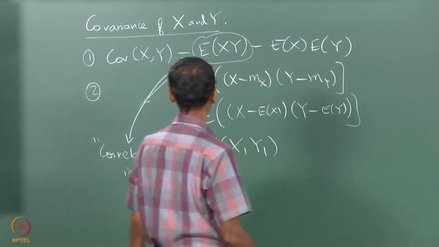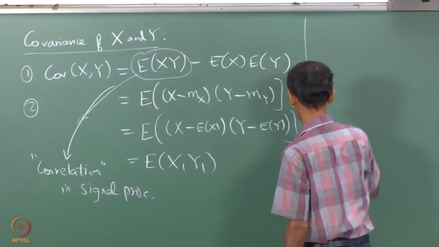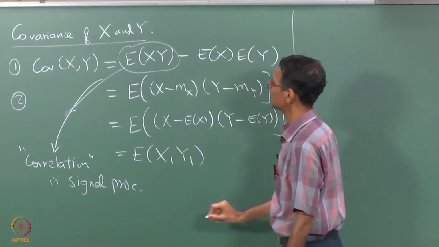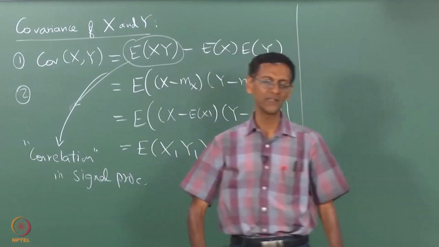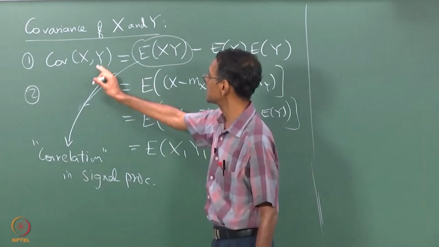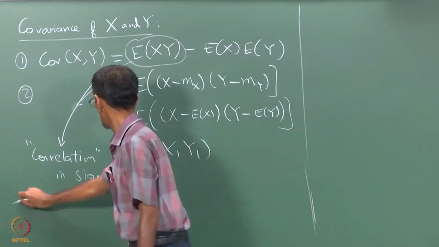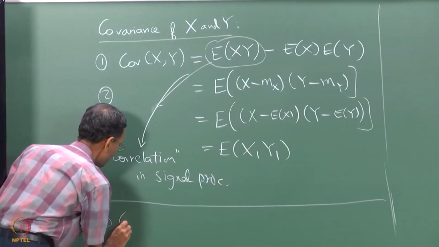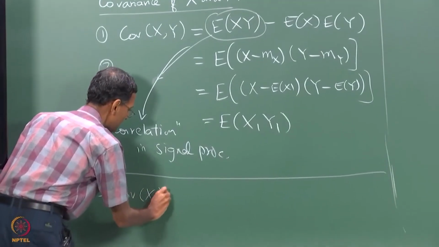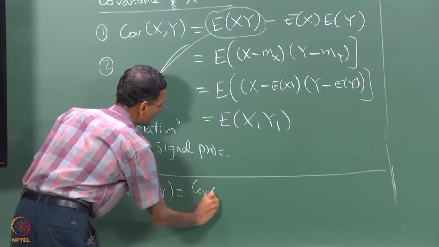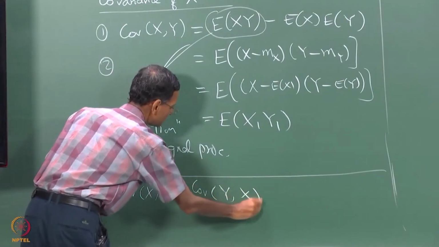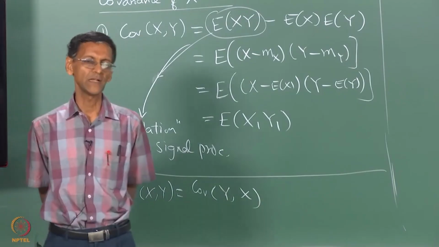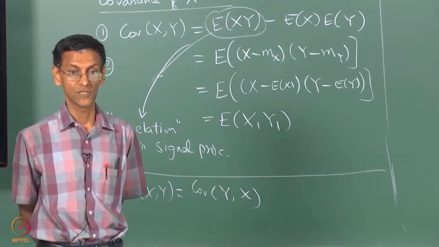It turns out that the covariance of x and y is a very important quantity. We note a couple of properties of covariance. Covariance of x comma y is the same as covariance of y comma x. The ordering makes no difference.